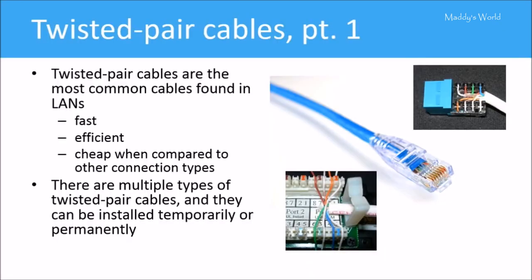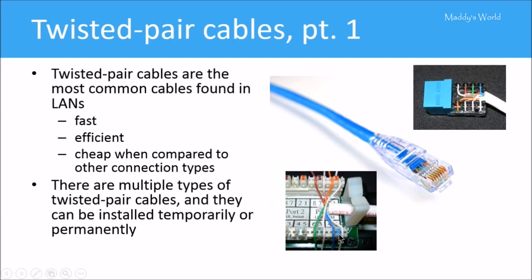So twisted pair cables, once again, are very commonly found, the most common in fact. The reason is that they're cheap. They're pretty fast, and they're really efficient at sending data via electrical pulses. Multiple types of twisted pair cables are available, and they can be installed temporarily or permanently.